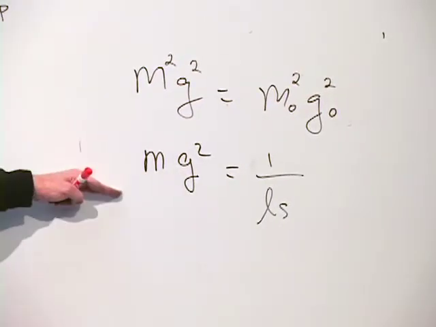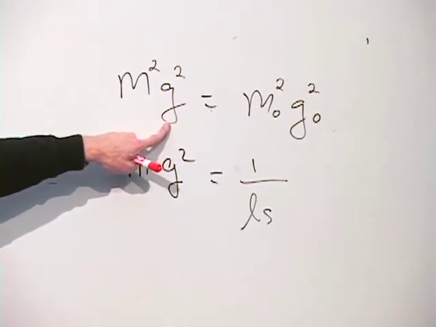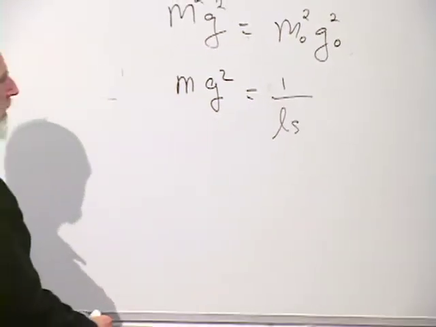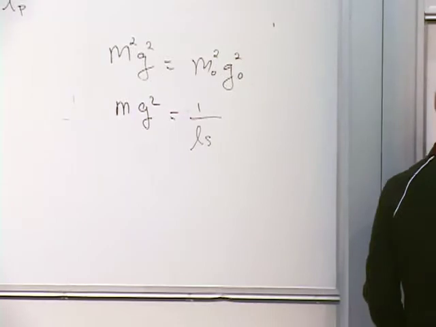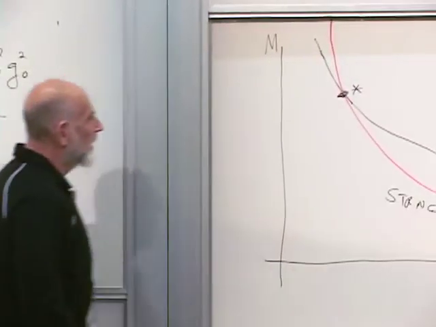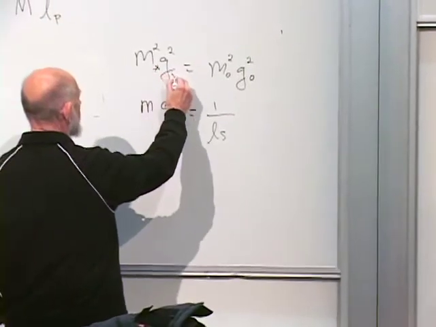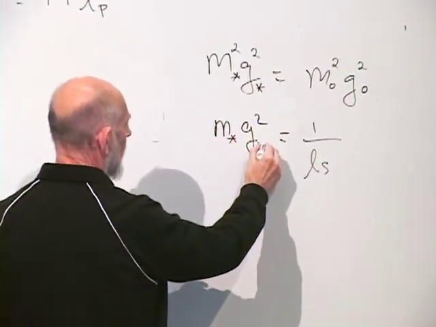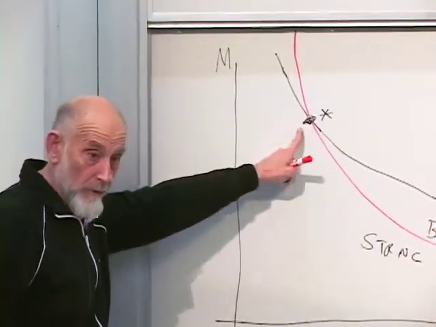Let's solve these simultaneously, by squaring this one and then dividing one by the other so that I get rid of g. The point at which they cross, maybe I should have labeled it and called it the starred point. Maybe we should have called this m star and g star, namely, the values of m and g at the crossover point here.